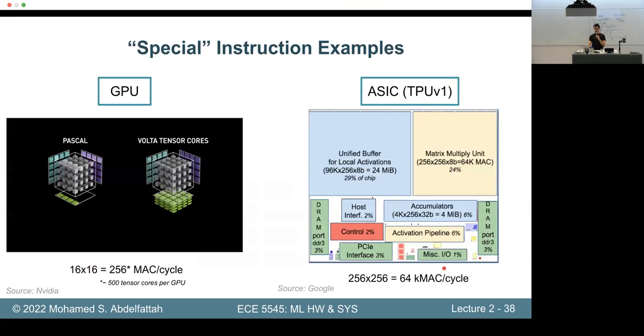So a huge improvement. We also briefly talked about these GPU tensor cores, which do matrix-matrix multiplication. And we compared that to ASICs, like the TPU version 1, which has a single operation that multiplies 256 by 256 big matrices in one instruction. Right?